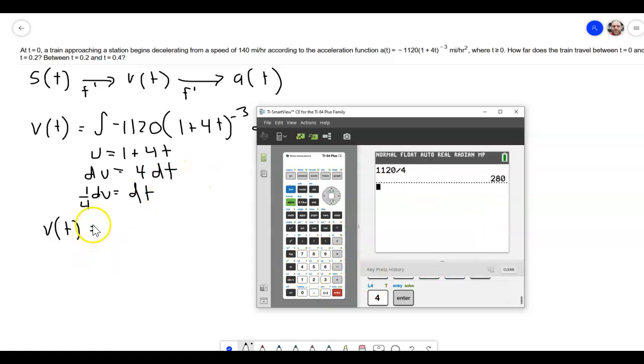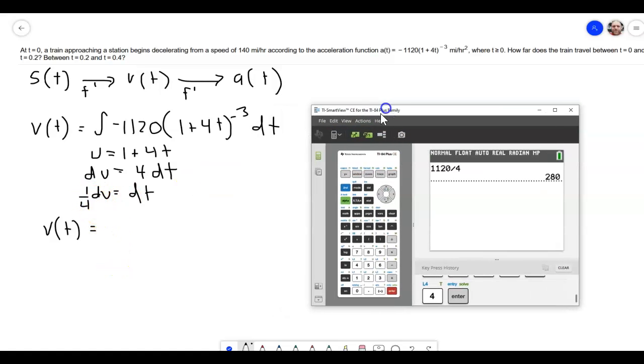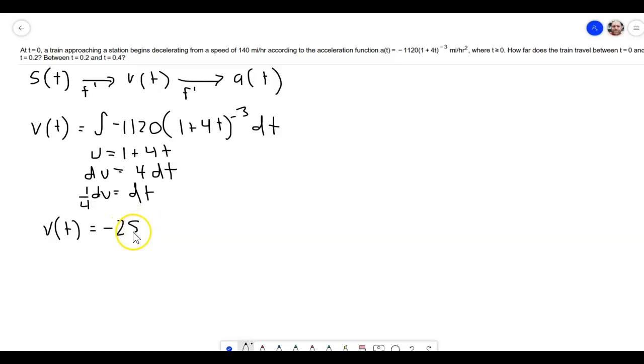Yep, that's 280. So I'm going to pull that 280 out front because for the dt, I'm going to put in this 1/4 du, and for the 1 plus 4t, I'm going to replace that with u. So negative 1120 times that 1/4 gives me negative 280, and I'm going to pull that outside of the integral. Inside the integral, all I'm going to have left is just u to the negative 3 du.